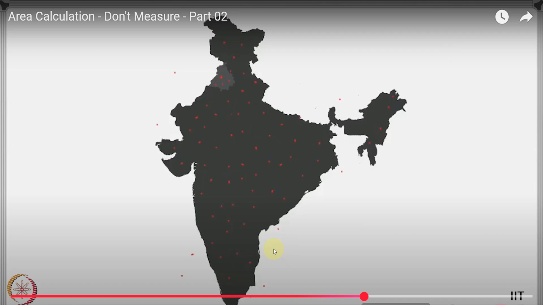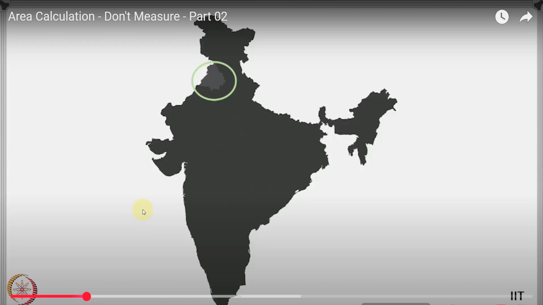So we will estimate how the area of Punjab can be estimated with the one piece of information, the area of India. First of all, she tried to put 18 dots on the whole map, very few dots to estimate.